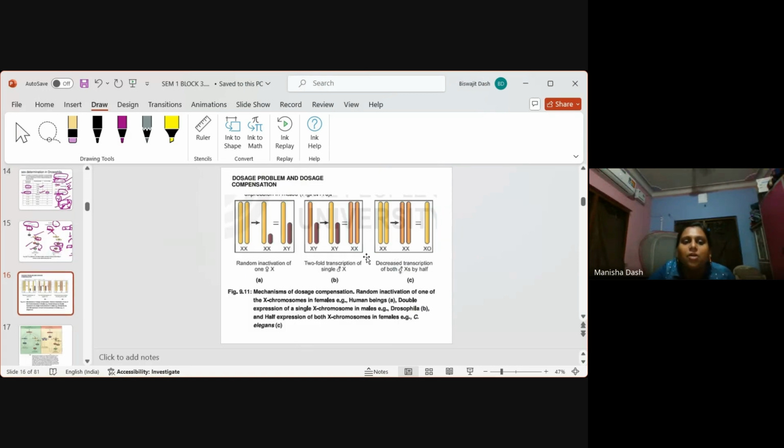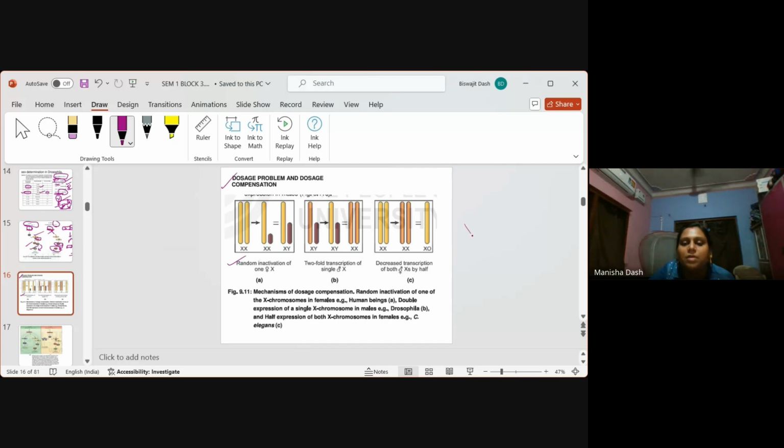Now there is a thing called dosage compensation. Since there is an imbalance of the sex chromosomes in males and females, multiple mechanisms have been adopted to balance the expression of the X chromosome in males and females. One way is the random inactivation of one of the X chromosomes.